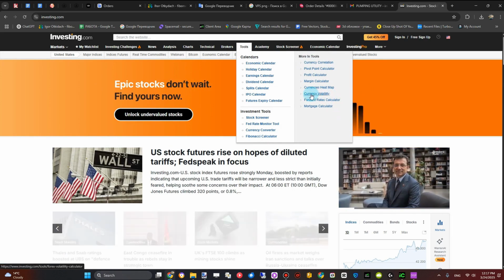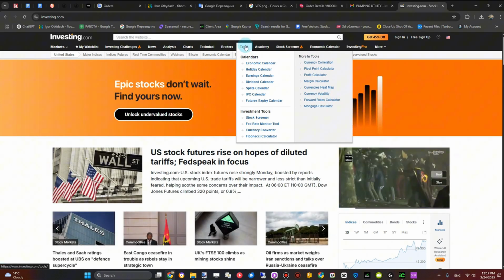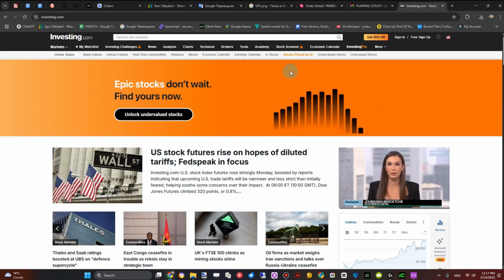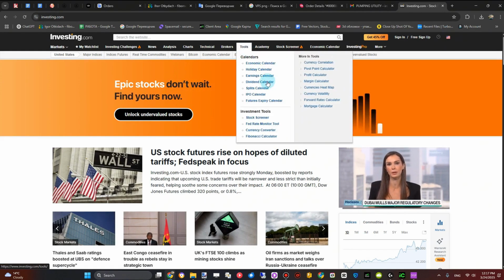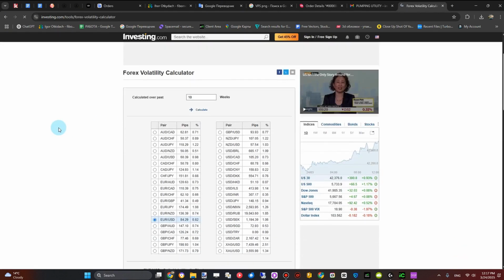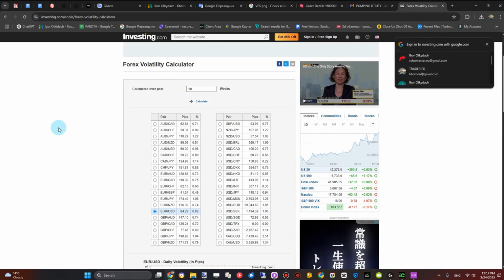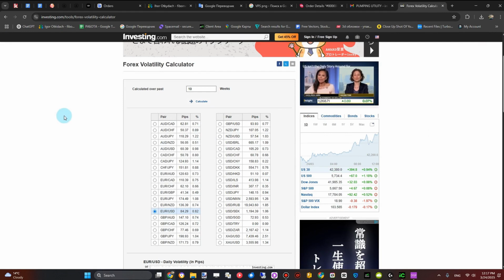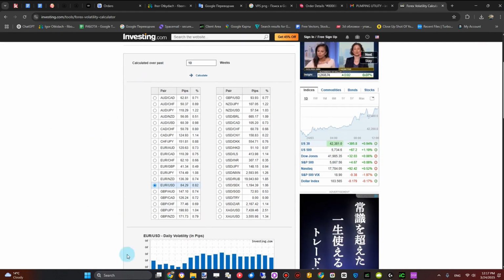So come to tools. Open investing. Go to tools. So I lost again. Where are these tools? Here they are. And here. Take volatility. Entered. So here we select in the table the instrument we are trading.